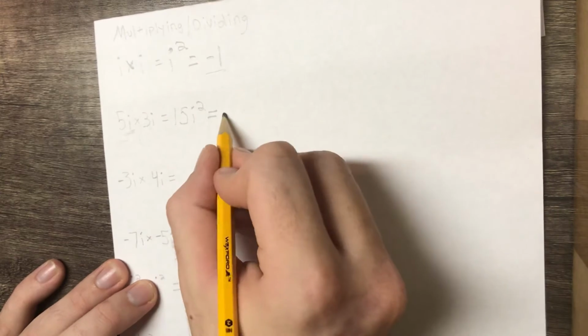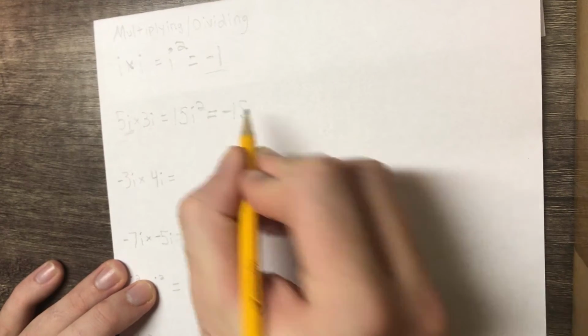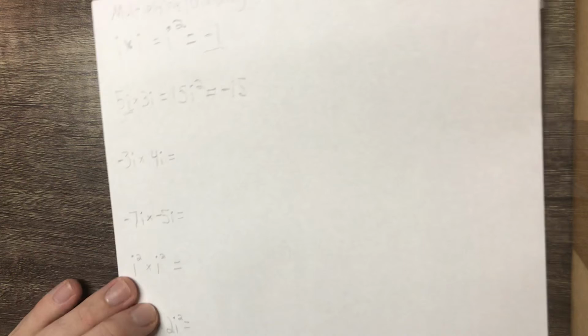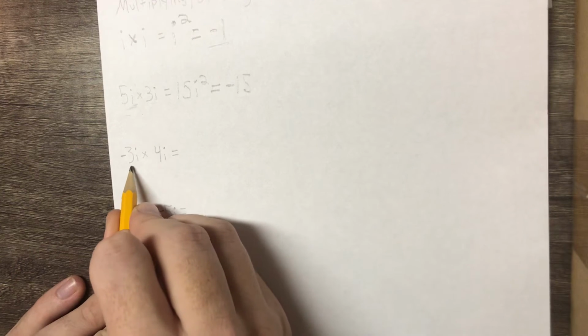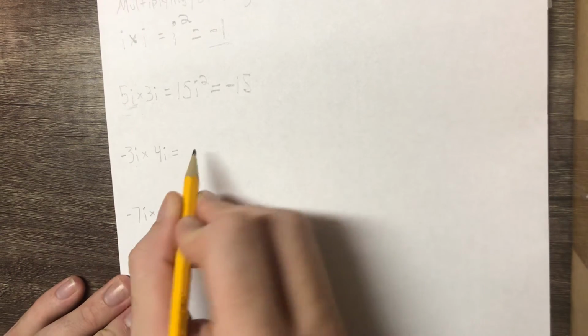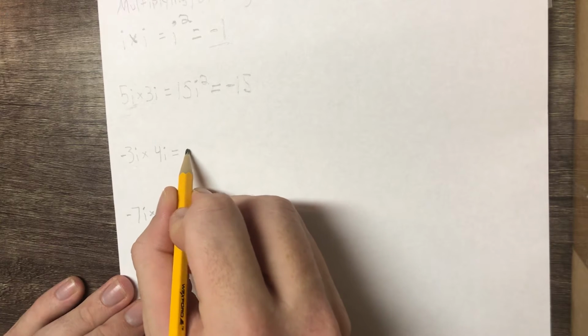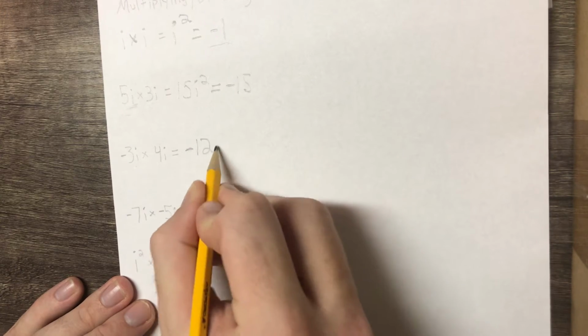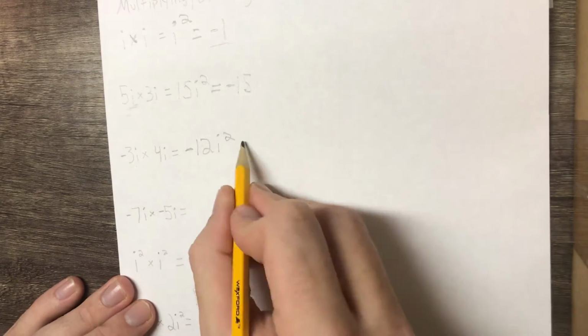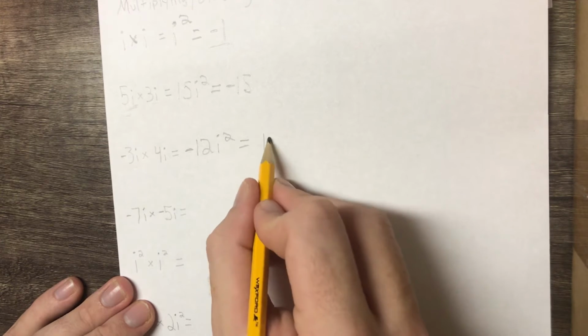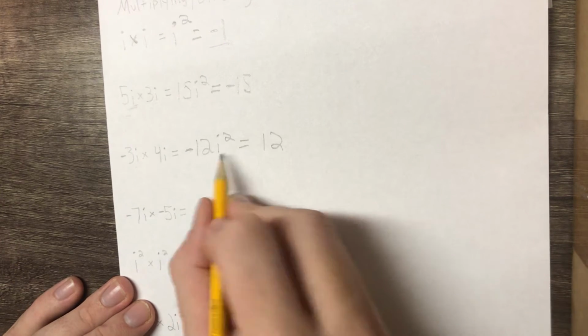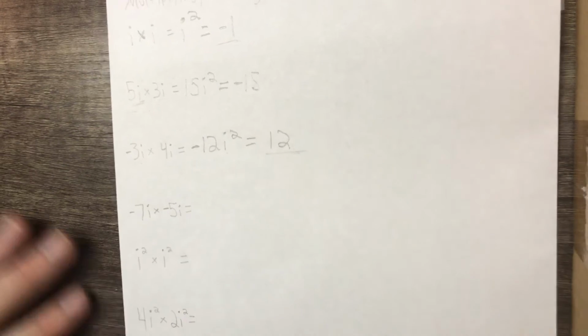So this actually equals -15. Here we have -3i times 4i. So we're given -12i squared, which equals +12, because 12 times -1 is +12.